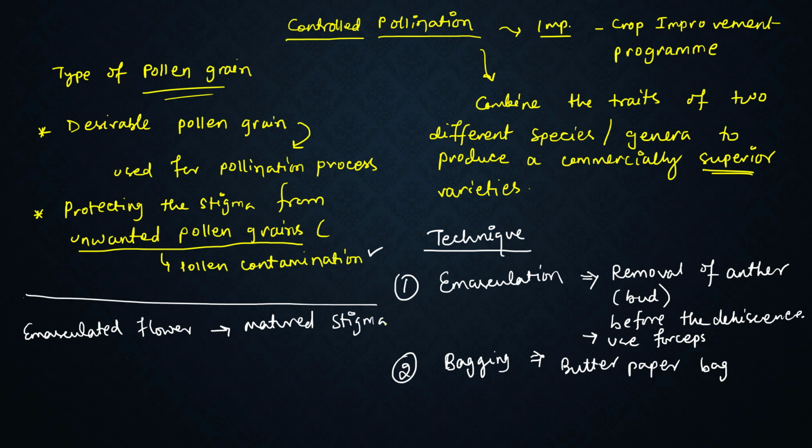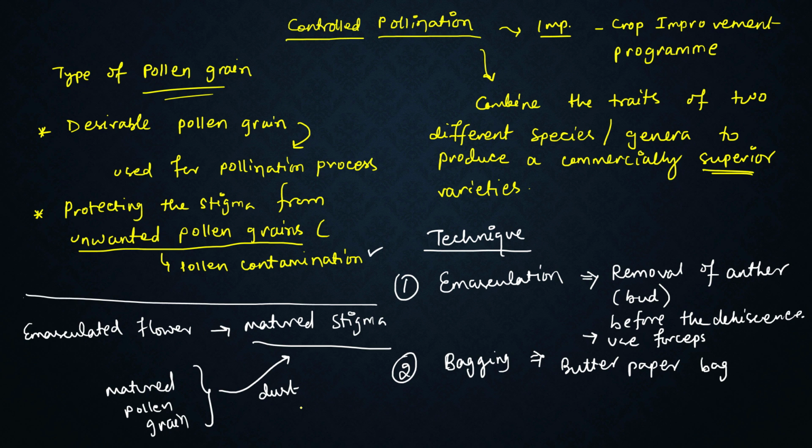Once we have the matured stigma, we will bring the matured pollen grain from whichever plant has the superior trait. From that plant's flower we bring the matured pollen grain, and we dust it, placing it on the matured stigma of the emasculated flower.